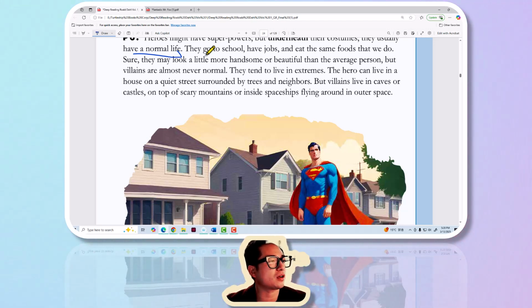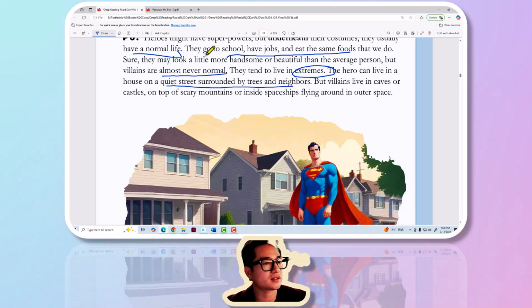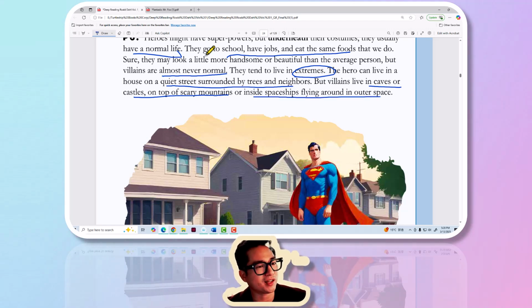Sure, they may look a little more handsome and beautiful than the average person, but villains are almost never normal. They tend to live in extremes. The hero can live in a house on the quiet street surrounded by trees and neighbors, but villains live in caves or castles on top of scary mountains or inside spaceships flying around in outer space.